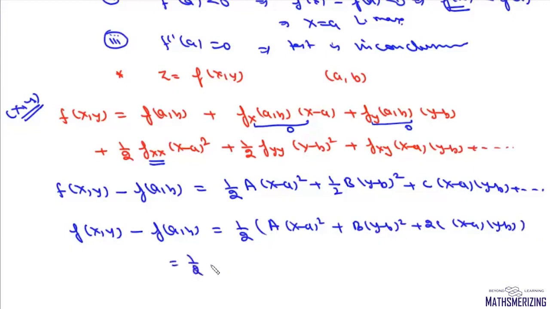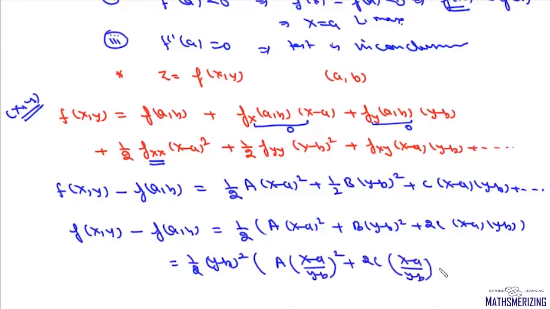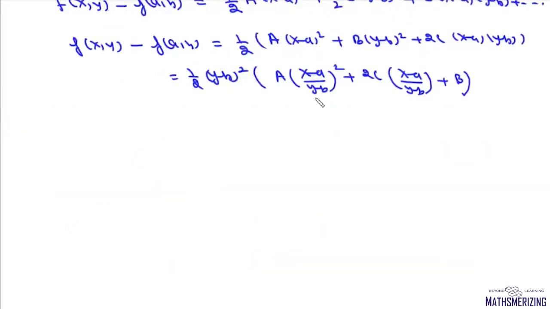So we'll write 1 by 2 y minus b square, and we'll get a x minus a upon y minus b square plus 2c x minus a upon y minus b plus b, which is a quadratic equation in x minus a upon y minus b. So we'll take x minus a upon y minus b as some variable, say t.